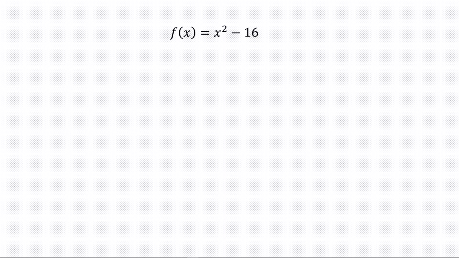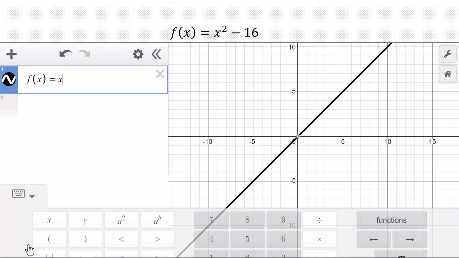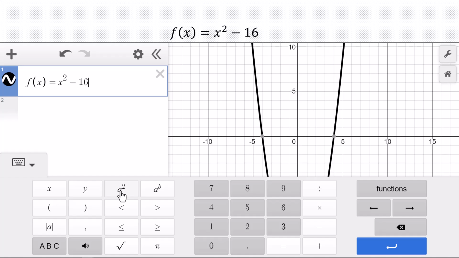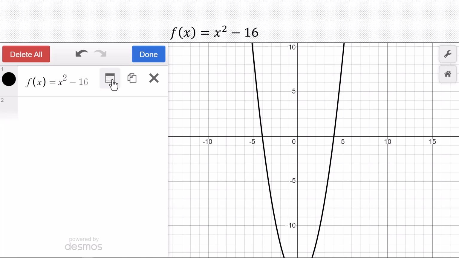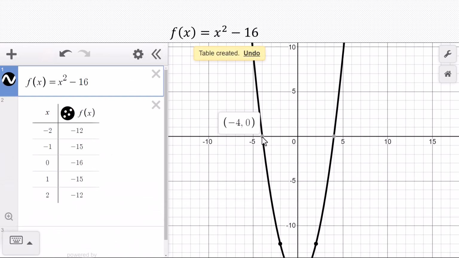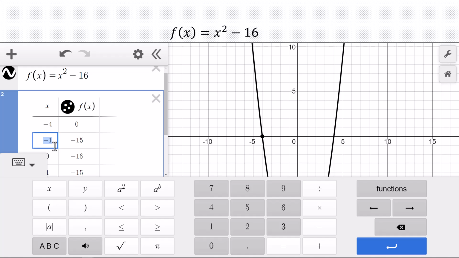To input the variable term x squared, first type x, then use the drop-down keyboard, which includes a special key to use, like this. Then enter the rest of the equation, add a table, and then hover over the two zeros to see the point values negative 40 and 40. Input them into the table to verify these as the roots for the function.